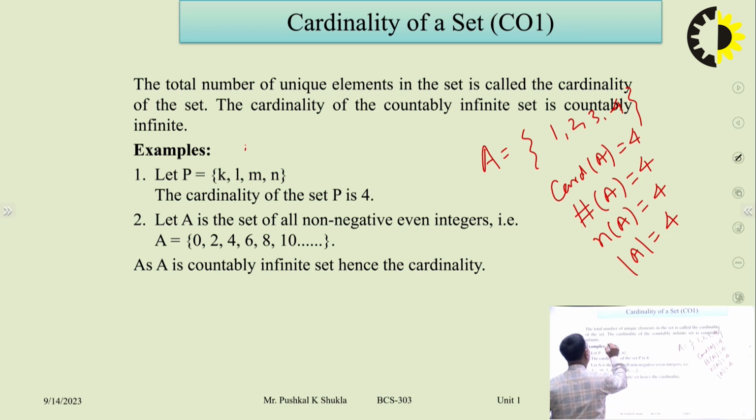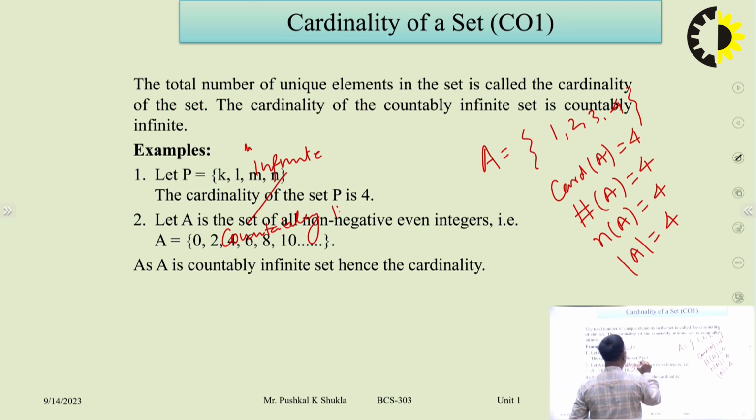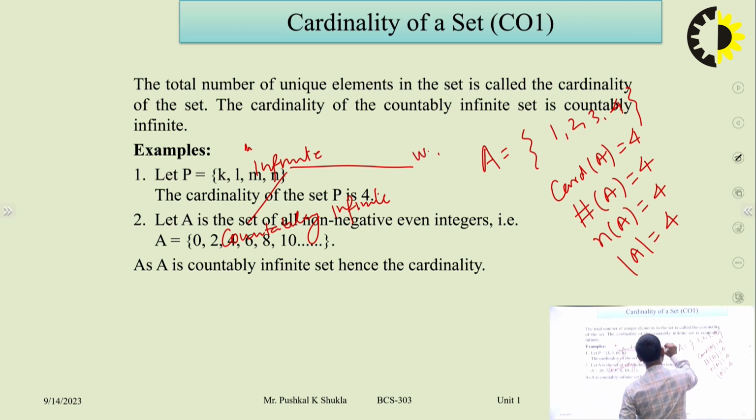So infinite means countably infinite and uncountably infinite.